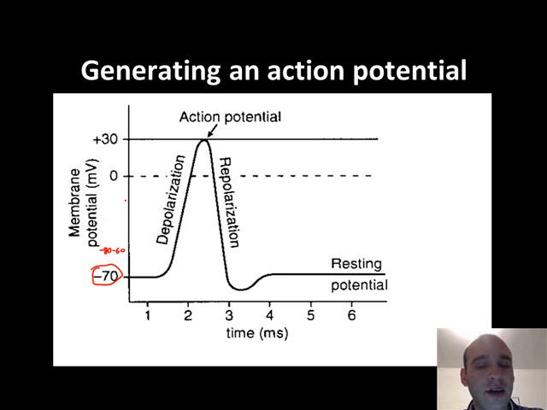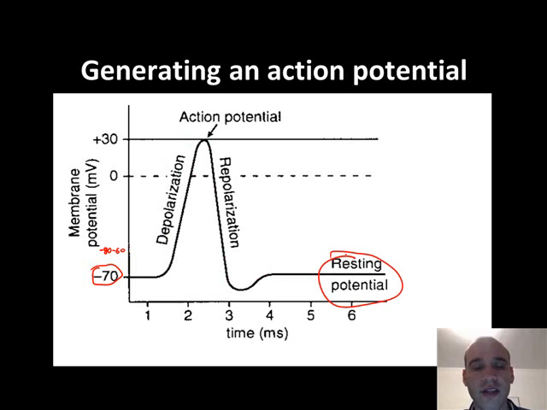As the difference becomes more positive, so there's less of a difference, it will generate this action potential, allowing us to send this electrical signal down the axon. We'll look at repolarization and how resting potential gets regenerated, but here's where we'll focus first.